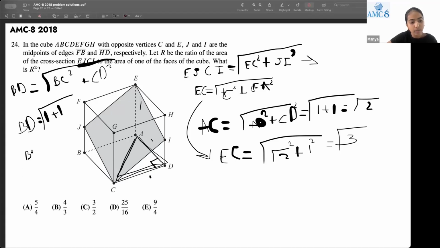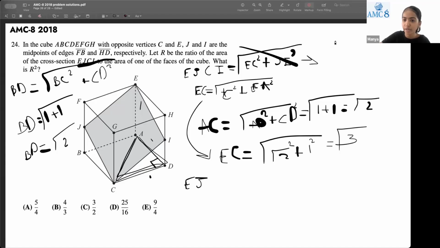So that means that BD would be equal to the square root of 1 plus 1, which would be 2. So BD is also equal to the square root of 2. So then we can do, so that, oh wait, this is to find out what EJCI is, but then this is not the formula of the area.